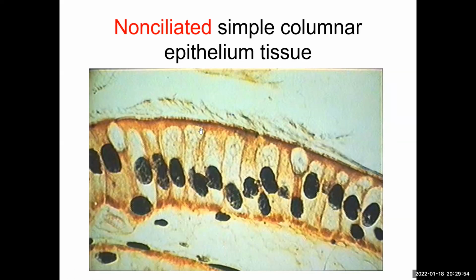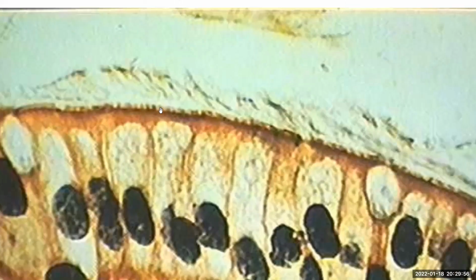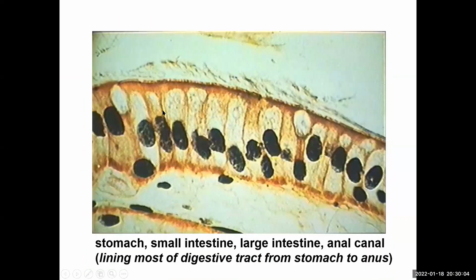And if we zoom in here, this up here is the microvilli. All right, so where do we find this type of epithelium? In the digestive tract, pretty much from the stomach all the way down to the anus. That's where we're going to see this type of epithelium. And it makes sense because remember, simple columnar epithelium, simple epithelium, absorption, secretion.